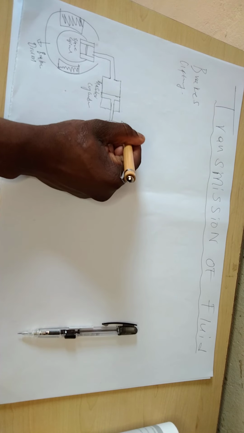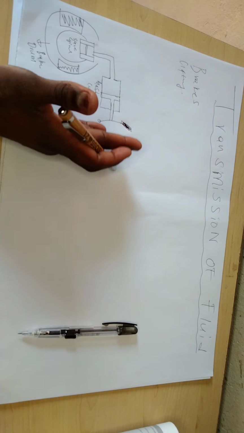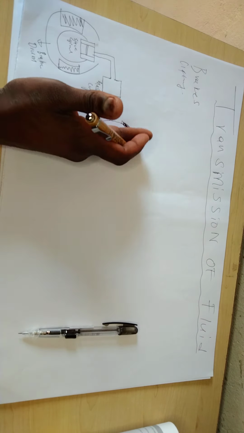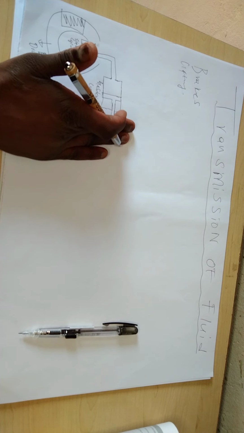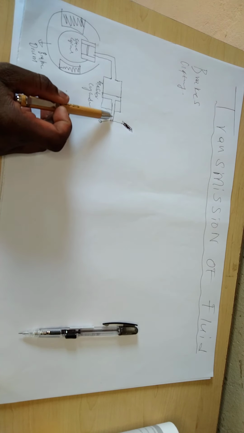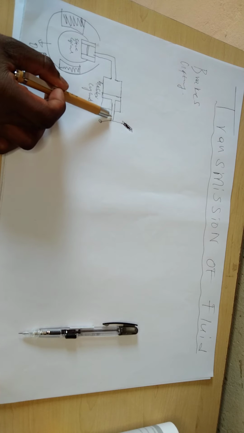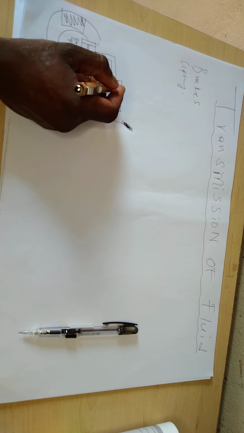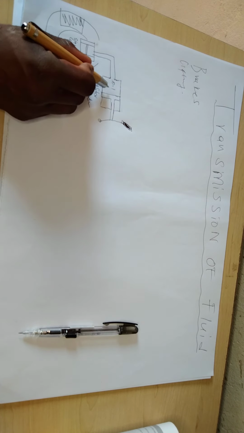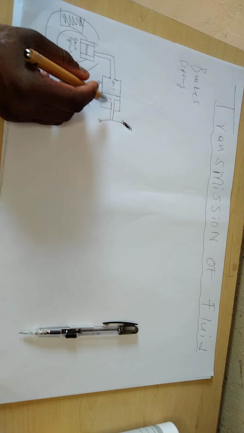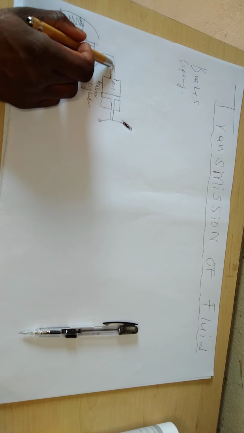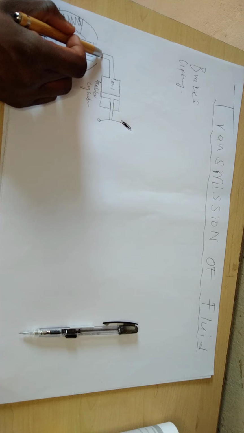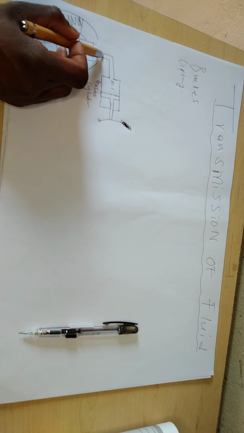Then remember here we have a pedal, and this is your car. When you're inside the car, you press the pedal here. When you press the pedal, the piston will move, meaning here it's oil, it's brake fluid, right? Then when the brake fluid is pressed on, it's going to press and the fluid will move throughout.